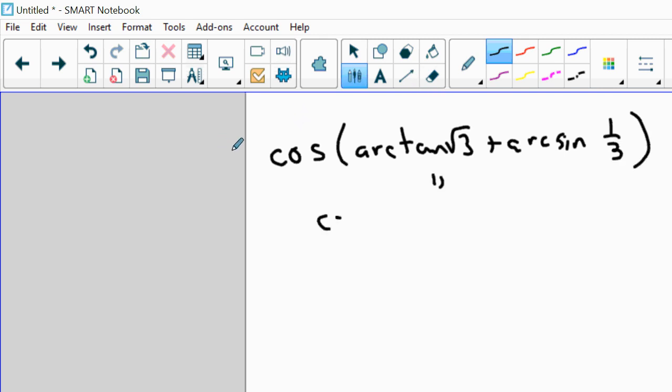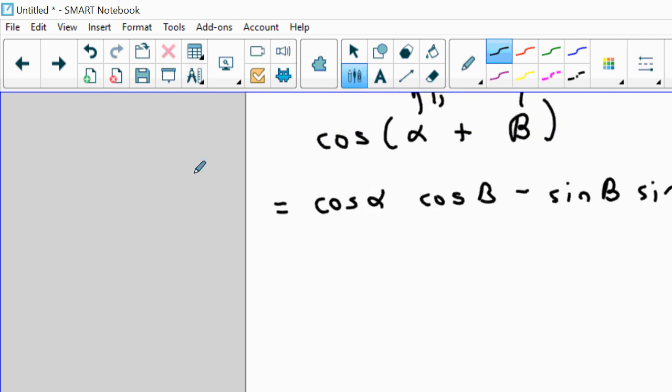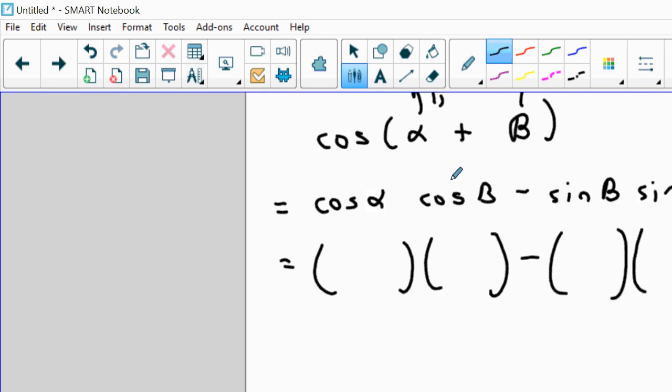But that's cosine of alpha plus beta, where this is alpha, this is beta. Remember, arc just means inverse. So cos(alpha plus beta) is cos cos, sin sin, alpha beta, beta alpha. And if it's a plus, then there's a minus. And I just need to figure out these 4 things.